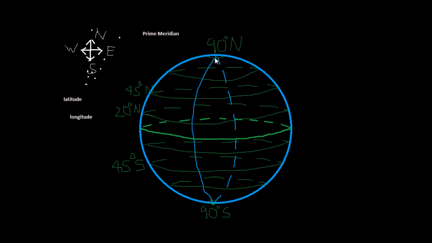Scientists also imagine that there are other lines that go north to south, and they all meet at the North Pole and the South Pole. These are the lines of longitude. Those lines are going to be, for example, like that. Let's try again.